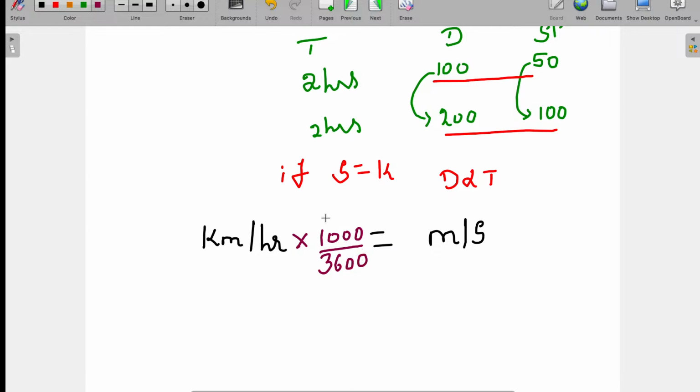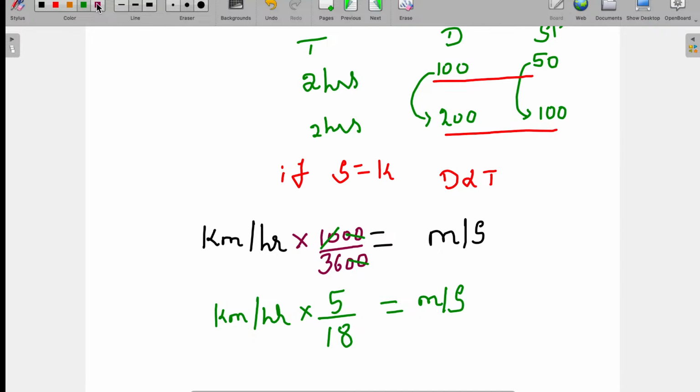1 hour means how many seconds? 3600 seconds. If I solve this, the 20s get cancelled, it will be 5 by 18. So we have to multiply by 5 by 18. To convert kilometer per hour to meter per second, I have to multiply by 5 by 18.